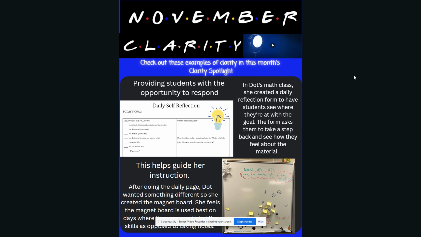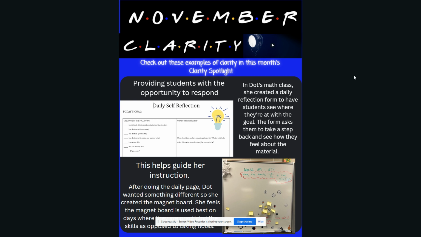The magnet board, titled Where Am I At?, allows her to write down the success criteria and then have the students gauge where they're at by placing their magnet in one of the four sections. One being, I don't get it, and four being, I could teach it. She feels that the magnet board is used best on days where they've been practicing the skills as opposed to days where they're just taking notes.